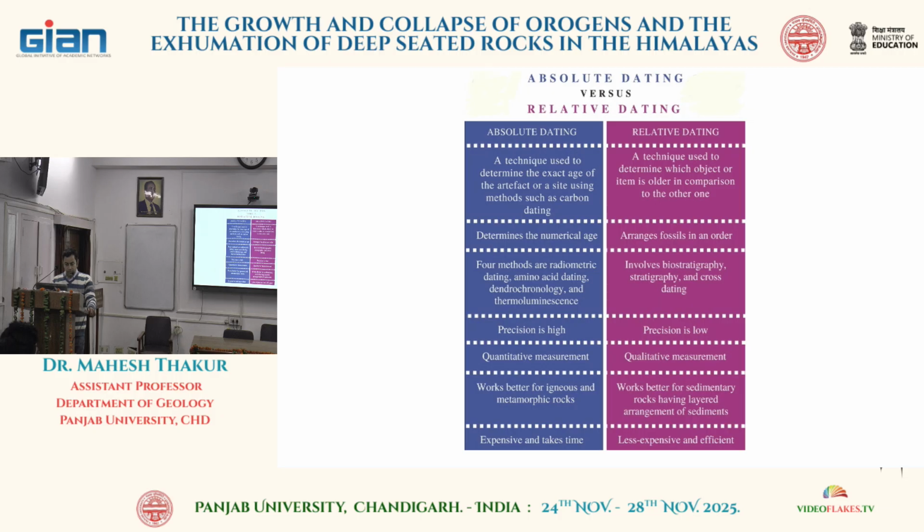Absolute dating works better for igneous and metamorphic rocks, and relative dating works better for sedimentary rocks having a layered arrangement of sediments. Absolute dating is expensive and takes time, and relative dating is less expensive and efficient.